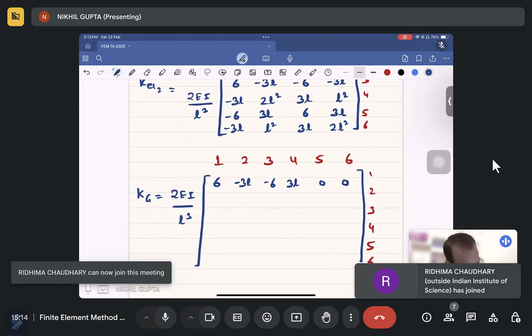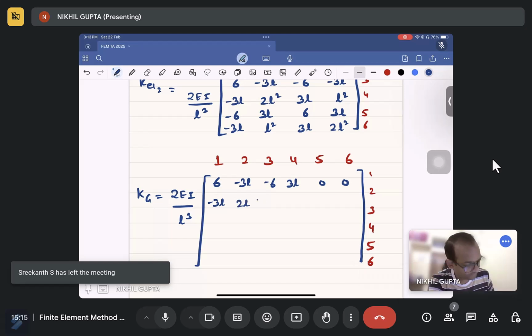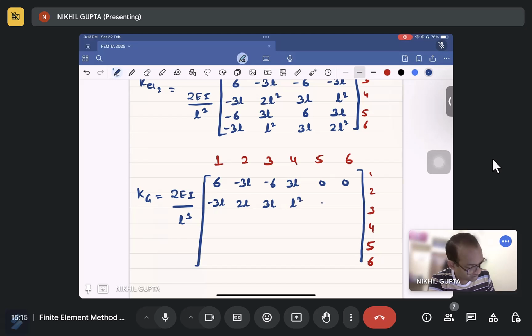Then in the second one, it will be minus 3L 2L 3L, L square 0 0, then minus 6 3L, 6 plus 6 here it will come, so it will become 12, then it will be 0 and minus 6 minus 3L, then 0 0.